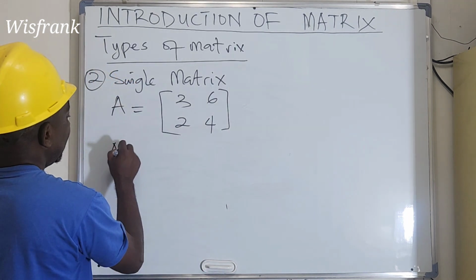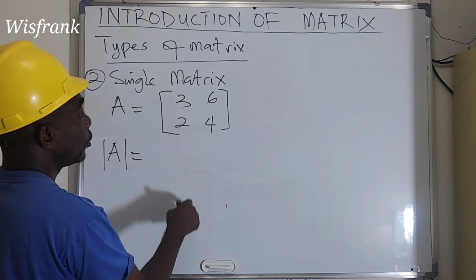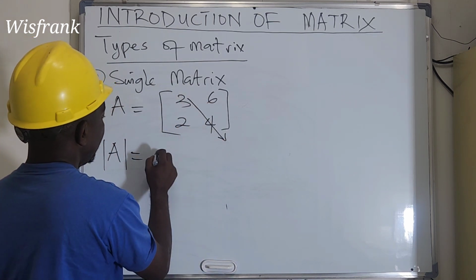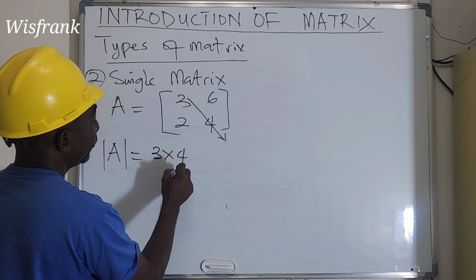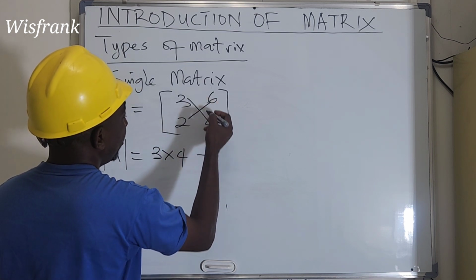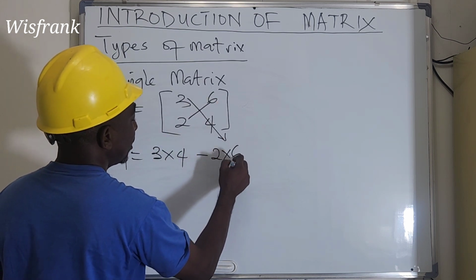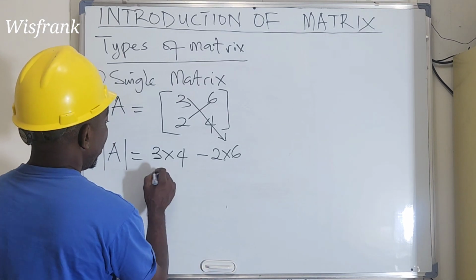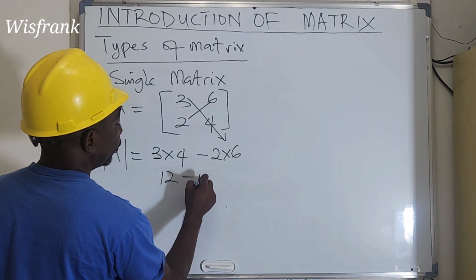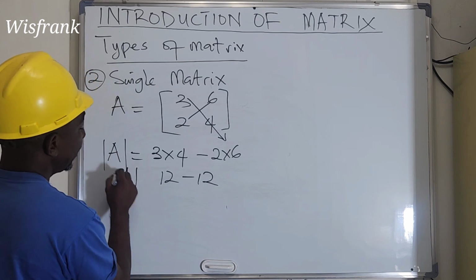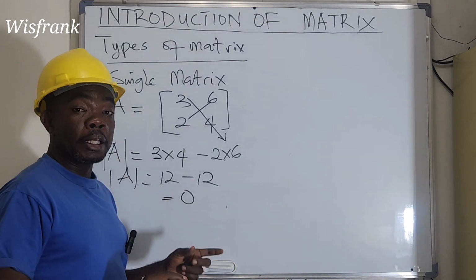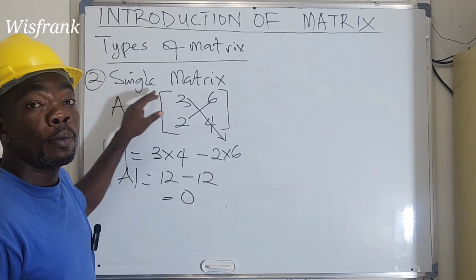If we multiply this way, 3 times 4, minus, we multiply this way, 2 times 6. That means the determinant is 12 minus 12, which is equal to 0. That is why we have a singular matrix.